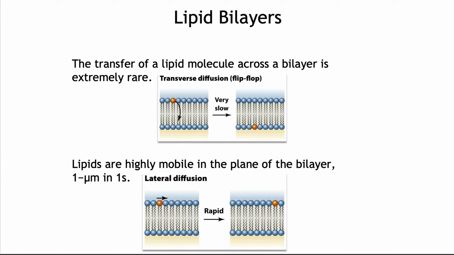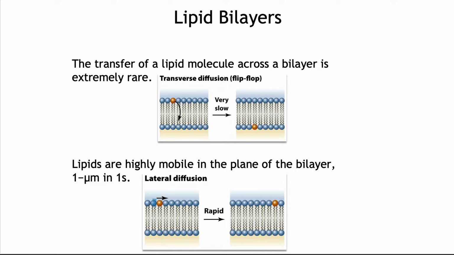Because of this fluid-like property of the lipid bilayers, phospholipids can actually move across the lipid bilayer. They could move from one side of the lipid bilayer to the other side, something known as flip-flop or transverse diffusion, which tends to be very slow.